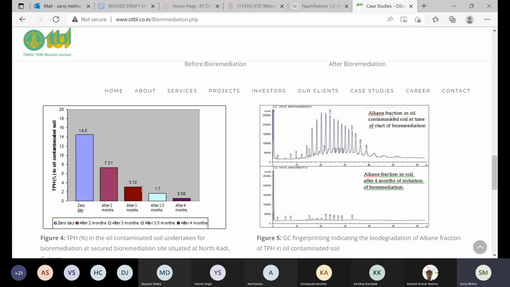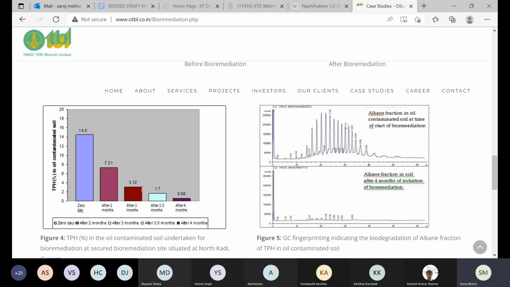If we look at this particular slide here, this data is the GC fingerprinting. These are the alkane fractions in the contaminated soil at the time of start of the bioremediation. You see all of these in the GC fingerprinting. This is like C17, and you have all of these going up to C23, C24, with fraction numbers or retention time, for example.